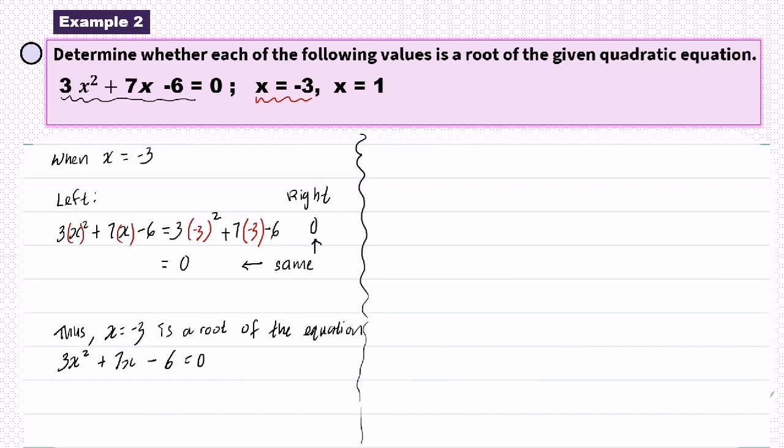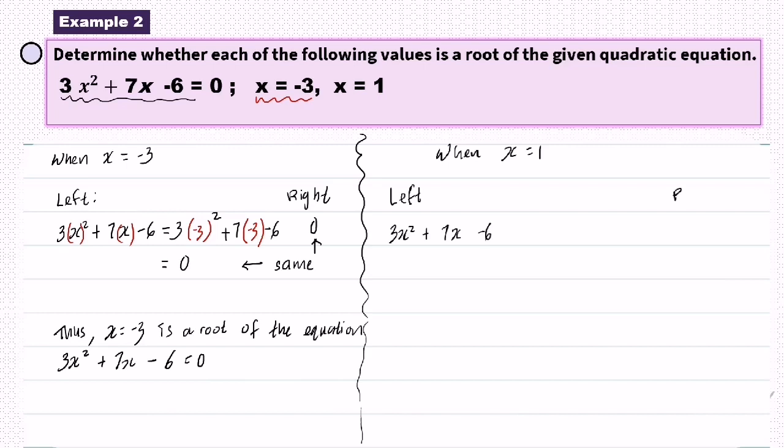Now we are going to determine whether x equals 1 is a root of 3x squared plus 7x minus 6 equals 0. So again, we write when x equals 1. Again, at the left hand side, we have 3x squared plus 7x minus 6.